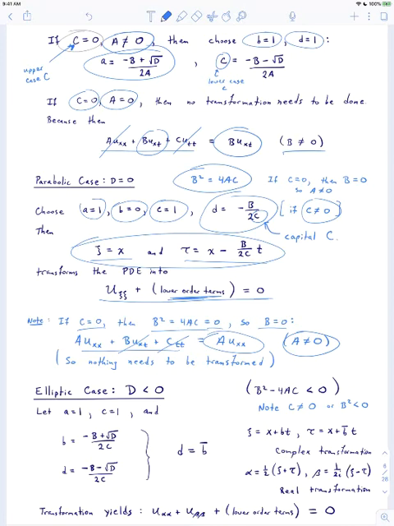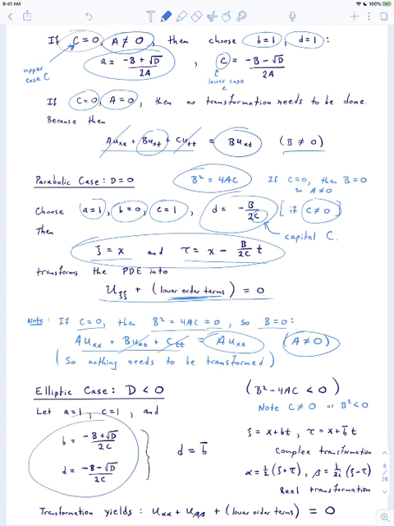Again, with the elliptic case, where the discriminant is negative, I'm not going to go through all of the details, but we'll just go through what the transformation is. So in this case, you choose a is equal to 1, and lowercase c is equal to 1, and you pick b and d just like before.